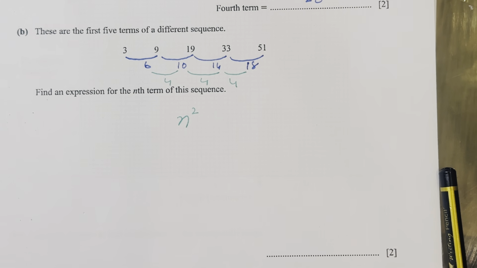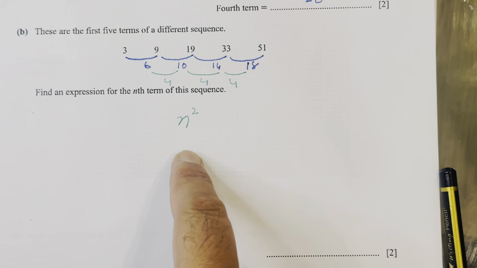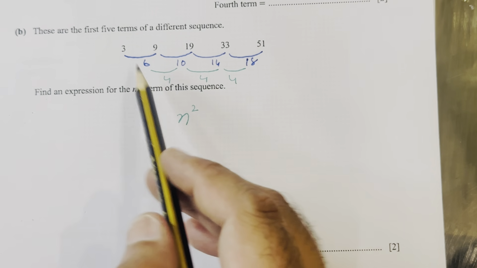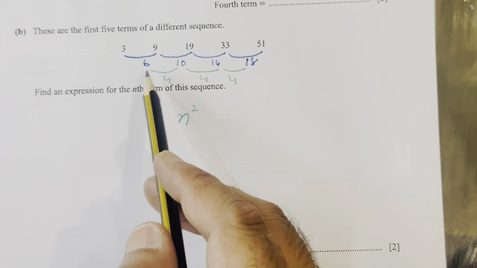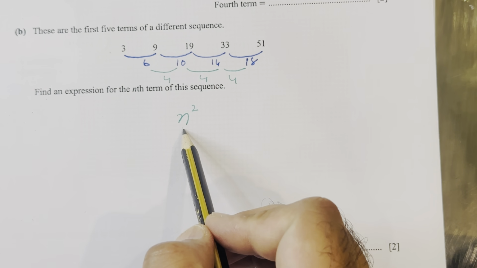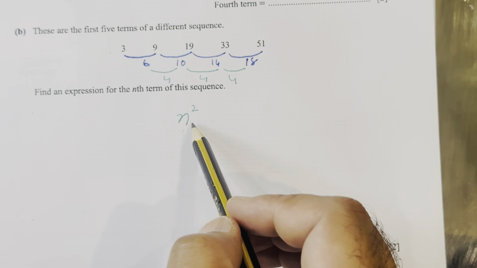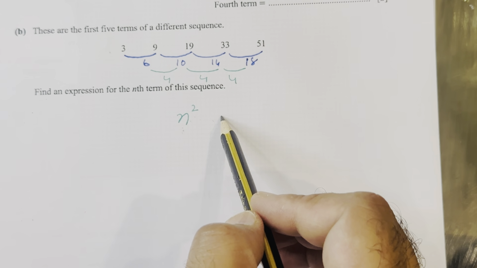Now we need to use the hit and trial method. First, we take n square. If we put in the value 1, 1 square does not work. If we put the value of 2, 2 square is 4, 4 minus 1 would be 3, like that, n square minus 1.